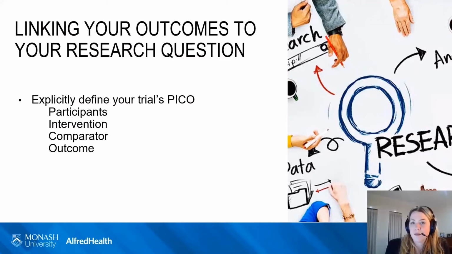I've personally found the most efficient way to do this is to create a well-specified causal model of the intervention process that's being tested. It helps me define why I think my intervention is going to have the effect on the population that I think it is. Like all other aspects of designing a trial, though, being super clear about your research question is going to help guide you with selecting the right outcome measurement tool.